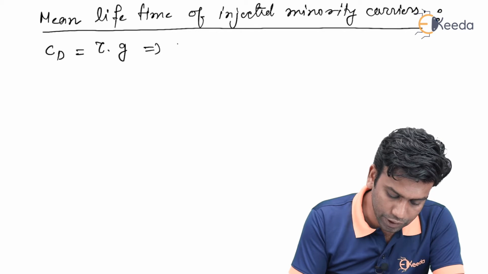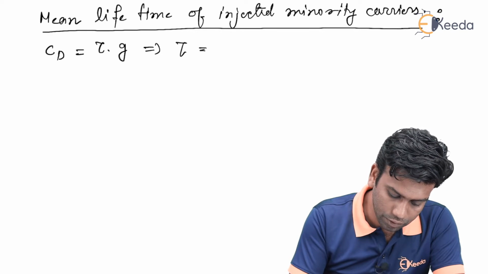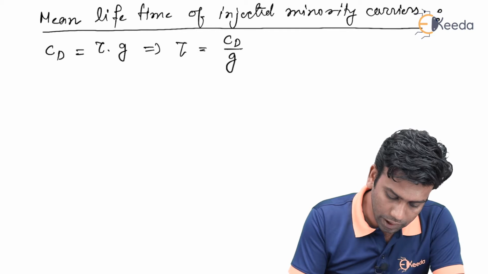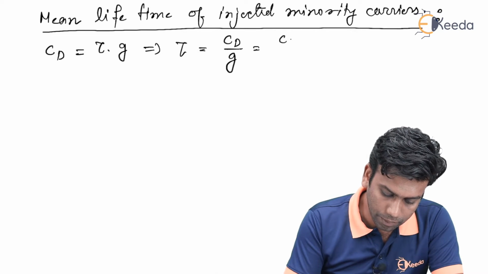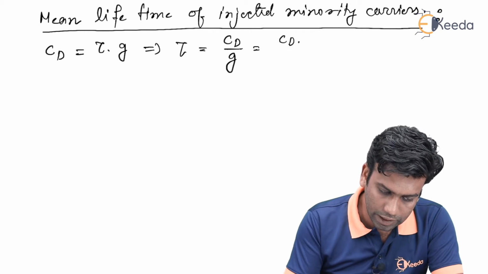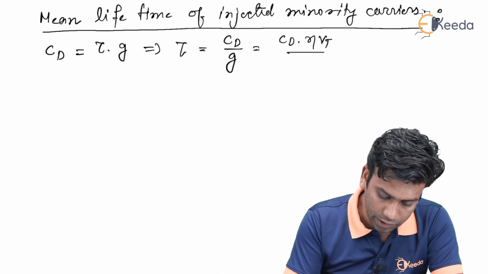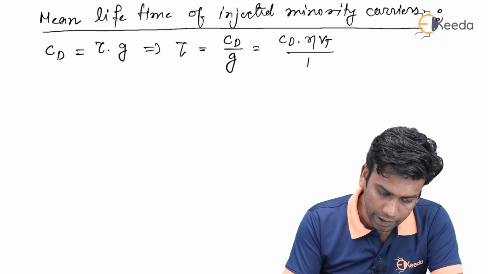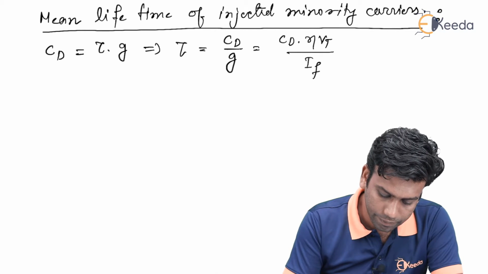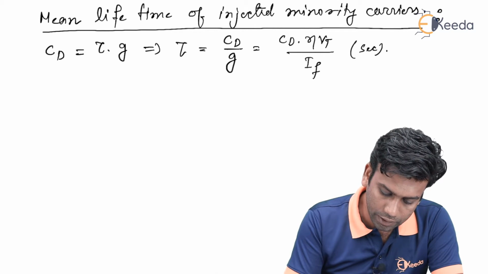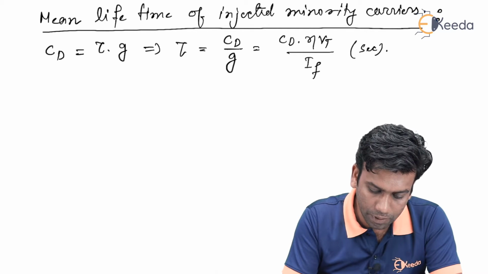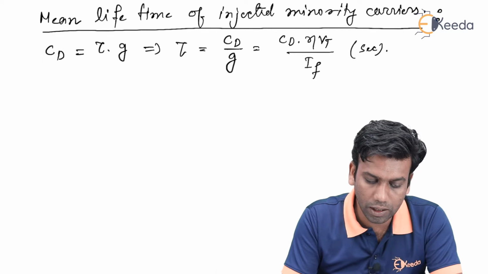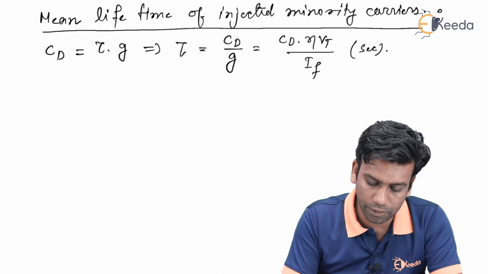So, from this equation we can write tau equals CD by G, and G value can also be written as eta Vt divided by If, and the units will be in seconds. That means the mean lifetime of the minority carrier is numerically equal to the time constant of the diode.